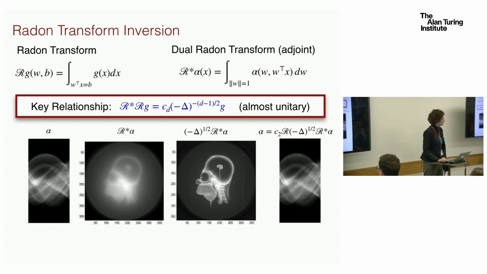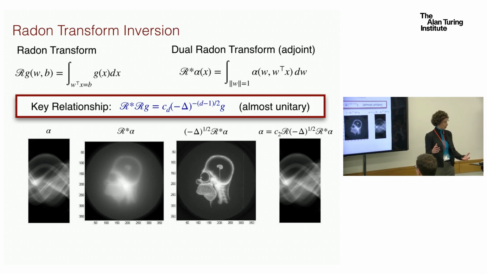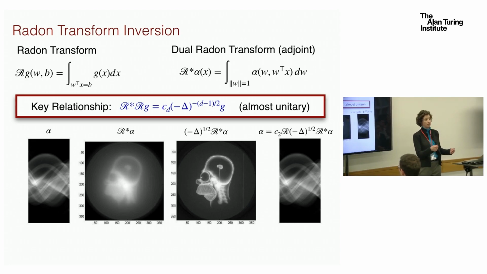So in other words, if I were to start with a measure alpha, that remember is characterizing how much weight I'm giving to different ReLU units in my network, and then I compute the dual radon transform of that, and then apply a correction, then that is going to give me my original alpha back after taking the radon transform again.